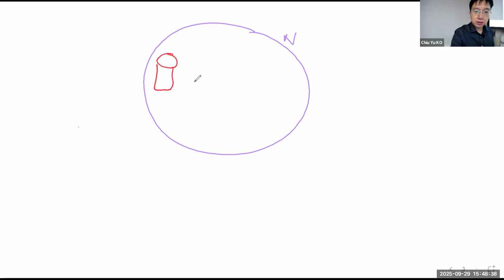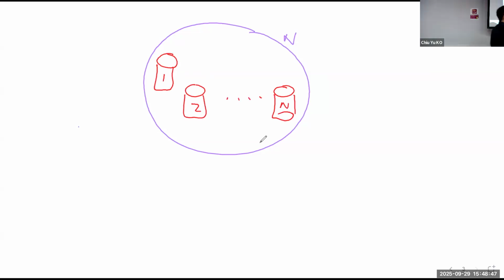Item number 1, item number 2, up to item number n. This is a can of food. Someone said, okay, our product is so good, say 99% of them are good.